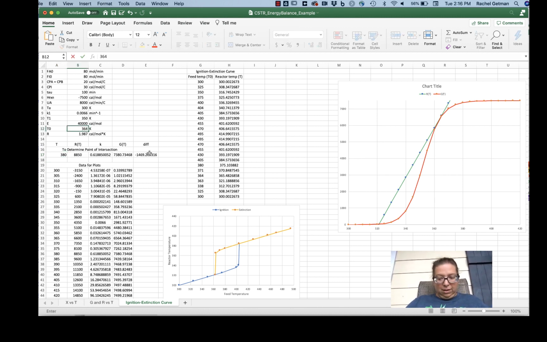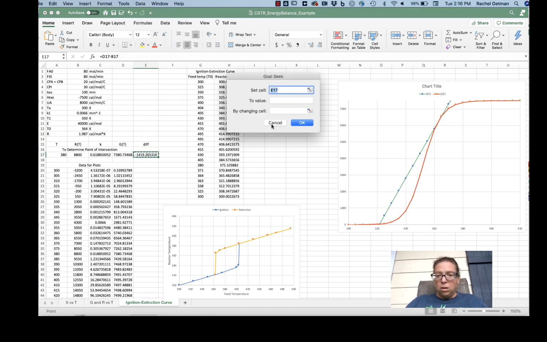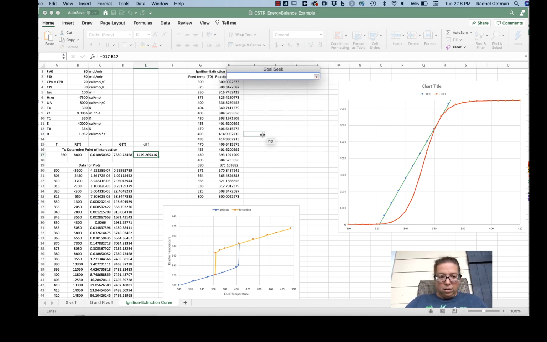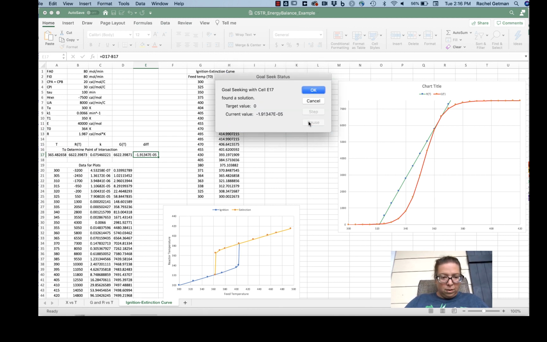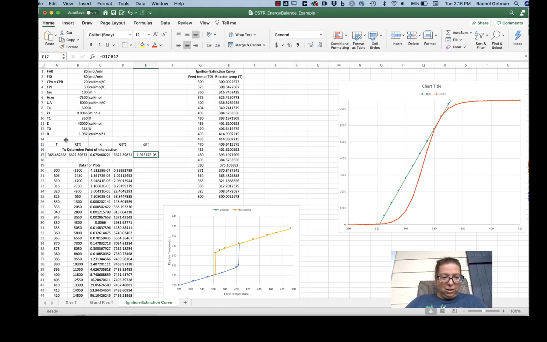And when I go to 364, I find a solution, and that gives me a temperature of 365 in the reactor. So that tells me that my extinction temperature is actually 364. That's the last place where I have a solution at the upper steady state.